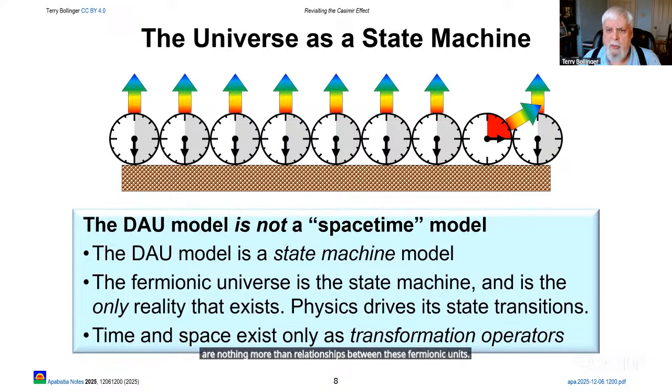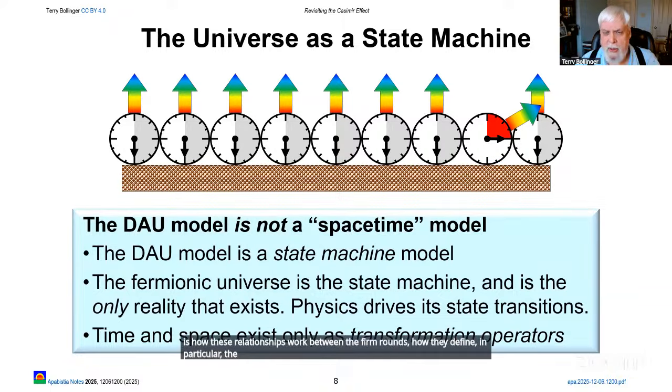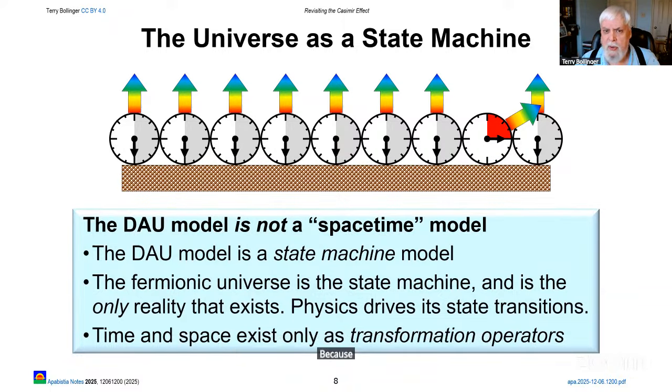The relationships are complex. In fact, I think one of the most interesting places to explore this model further is how these relationships work between the fermions, how they define in particular the concept of distance. Because in some sense, they don't care about distance, which is remarkable. But in another sense, they care very, very much about distance. They define these relationships, and we are trapped within those relationships.